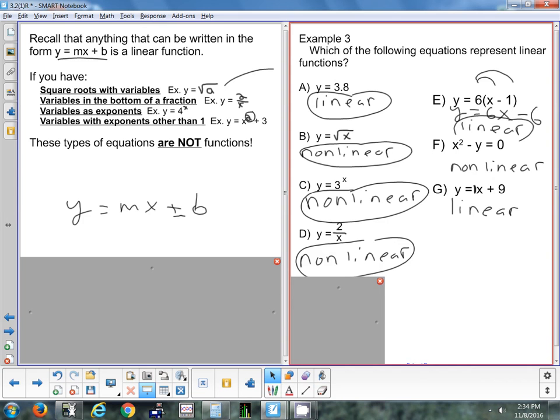Okay. And I think we have an H. Is that one linear? It doesn't have the B on it, so you could put plus what?